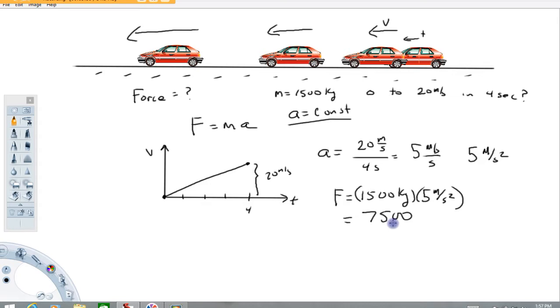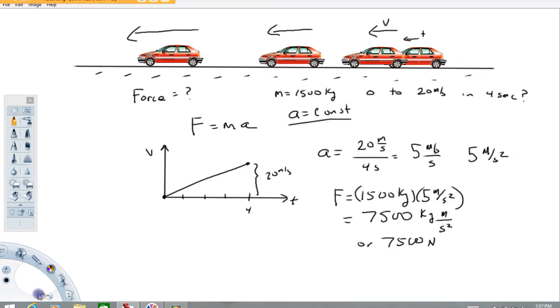I always recommend you can always take units at face value. We're multiplying kilograms times meter per second squared, so a perfectly acceptable unit would be just kilogram meter over second squared. Or 7,500 newtons, because this is what a newton is. A newton is a kilogram meter per second squared.